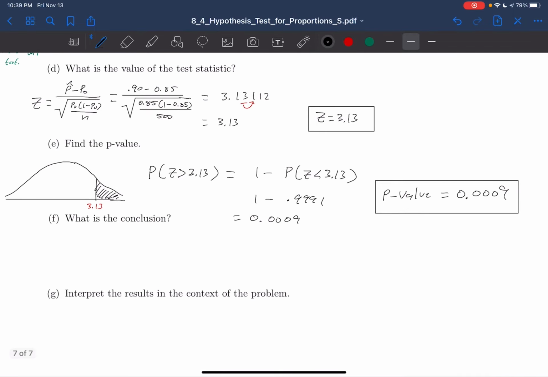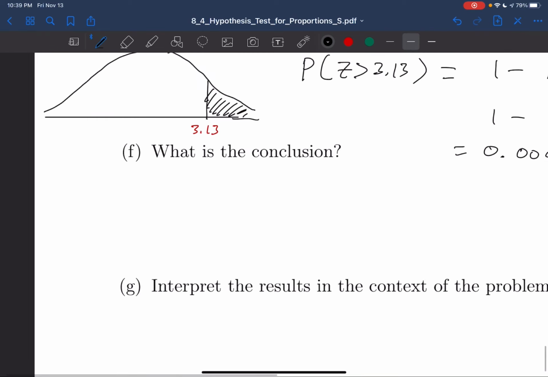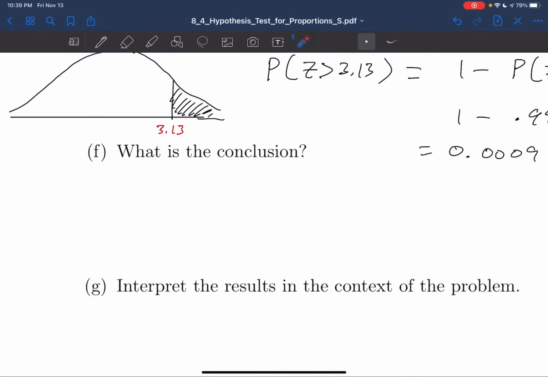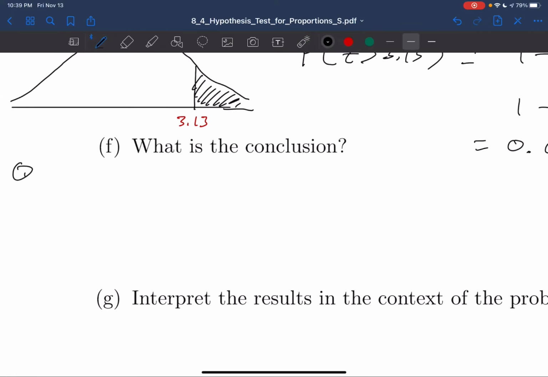Great. So now, what is our conclusion? Well, this is asking, do we reject or fail to reject our null hypothesis? And for that, we need to ask a question. Is our p-value less than or equal to our significance level, alpha? So this is saying, is 0.0009 less than or equal to 0.05?